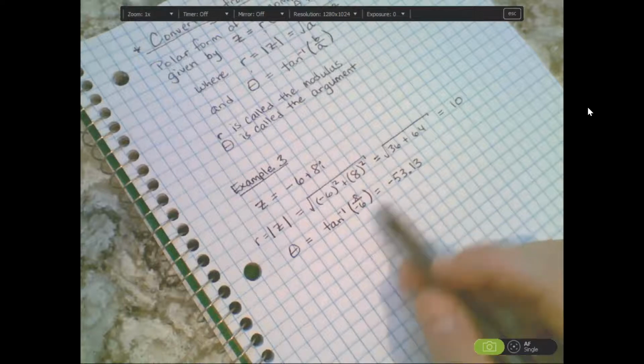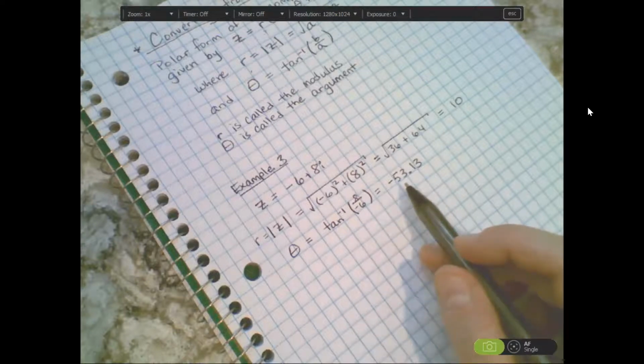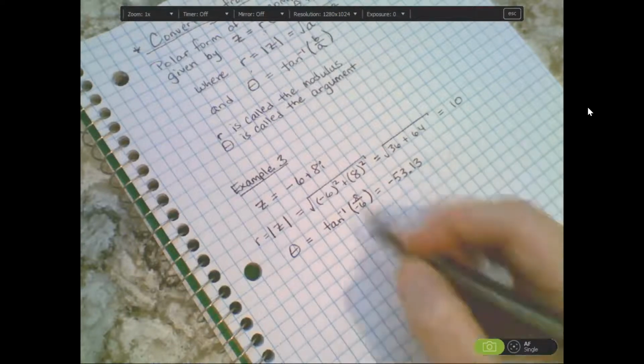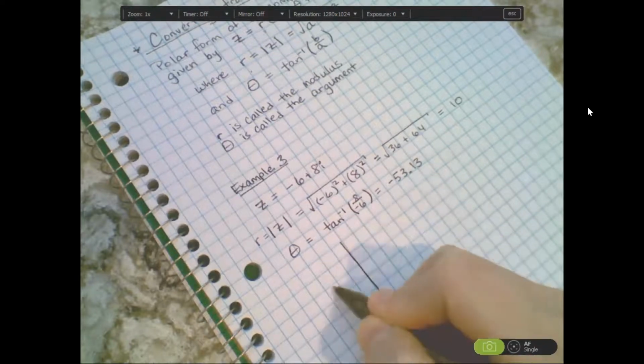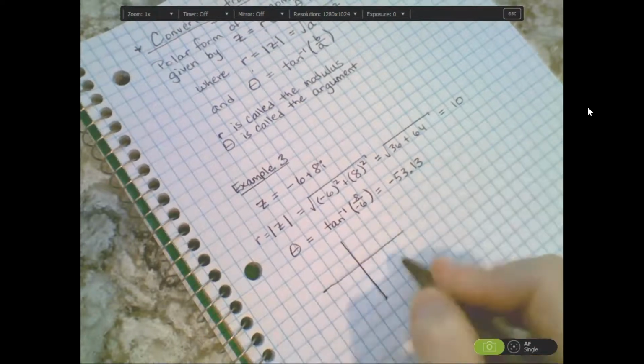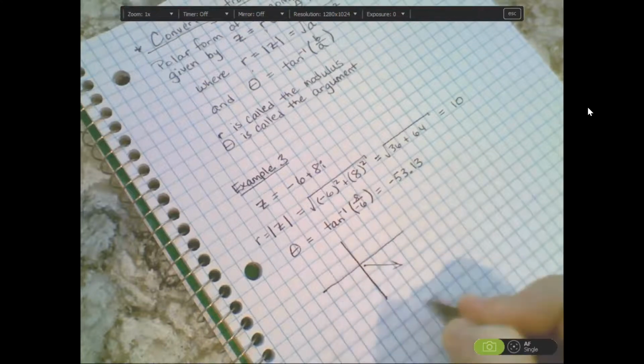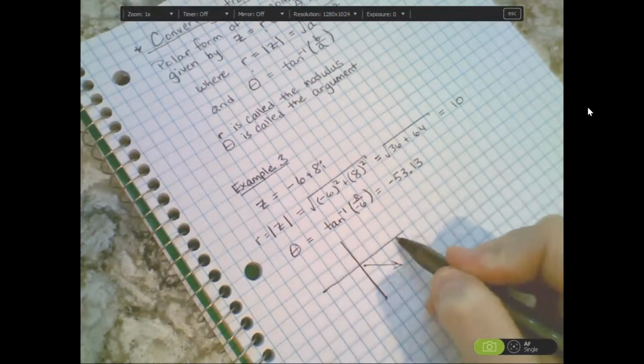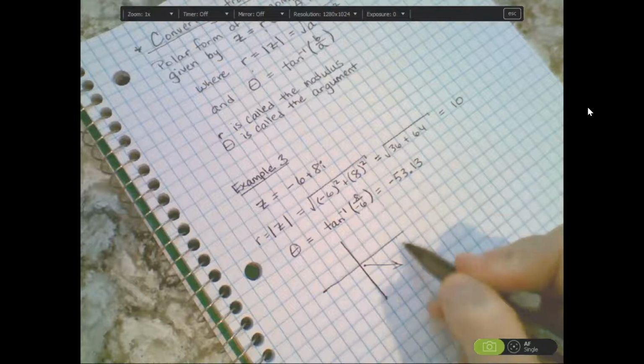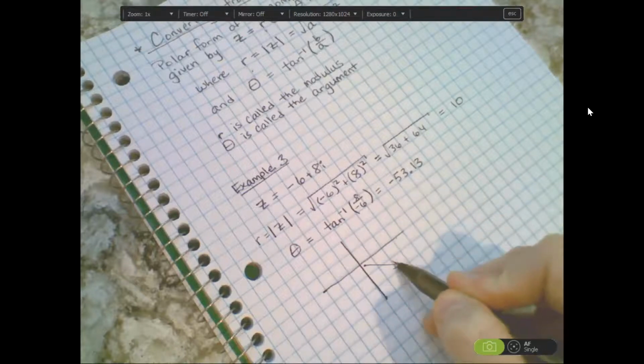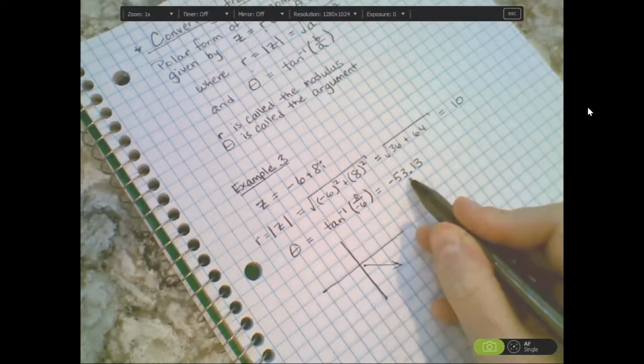This is giving us an angle down here in this quadrant. If I start here and go -53 degrees, I'm going to go in this direction. So that's where I am based on this answer.